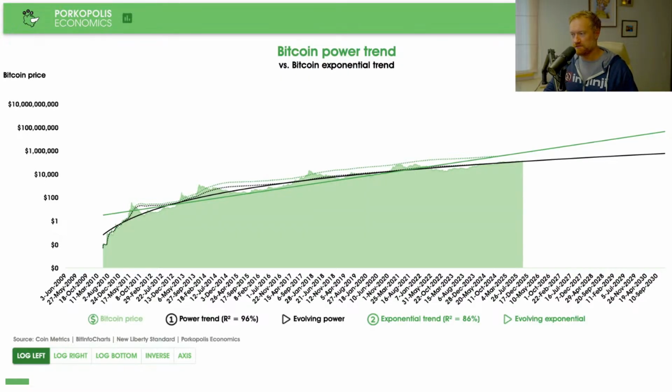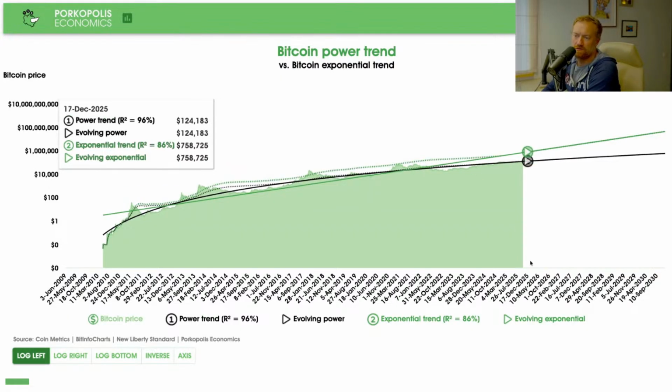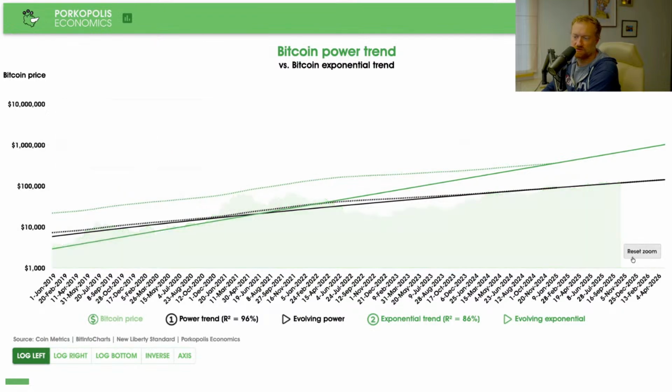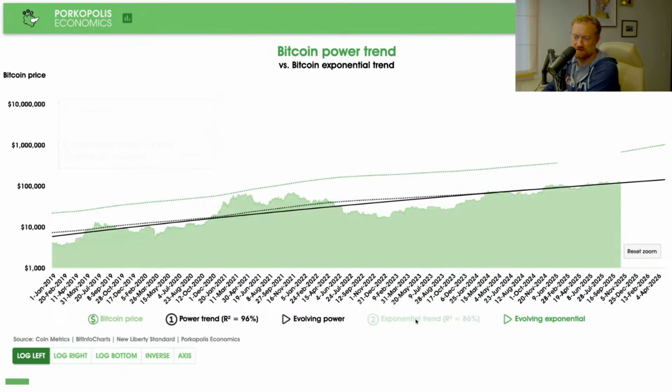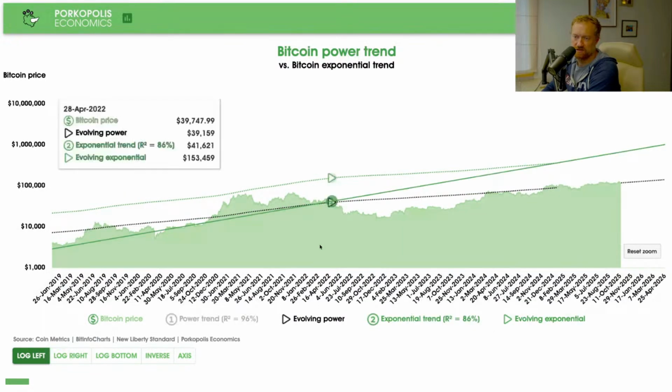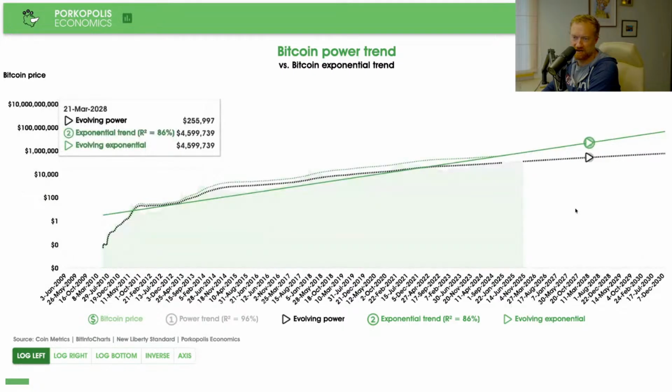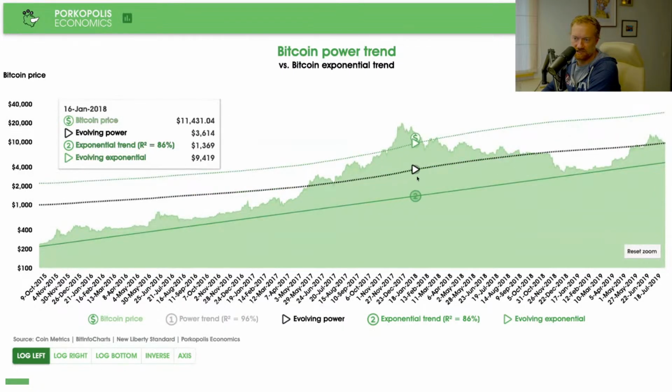The point is to try to take some comfort in the fact that Bitcoin has not looked even close to exponential. Let's go back and do this. Over all time, we would have crossed it here, the solid green line, in spring of 2022, but actually we didn't hit the exponential trend line on the prediction from 2017.